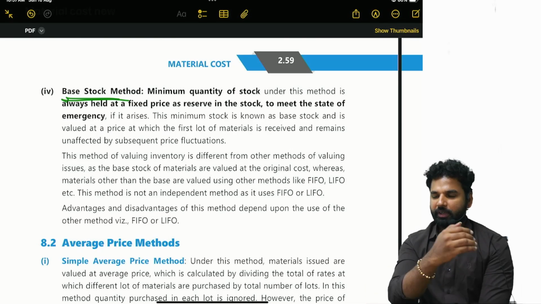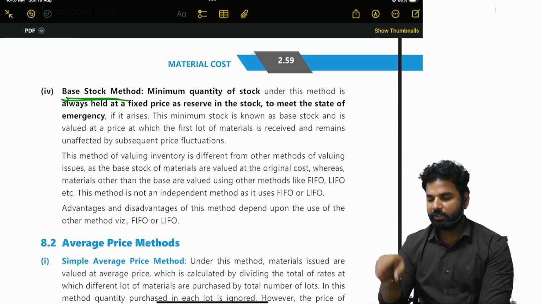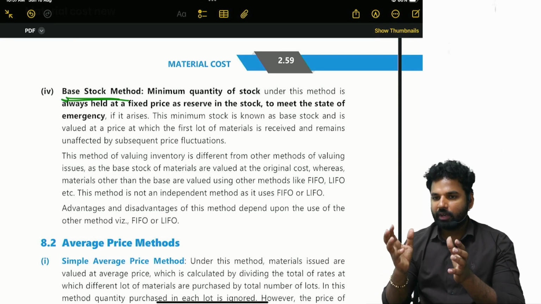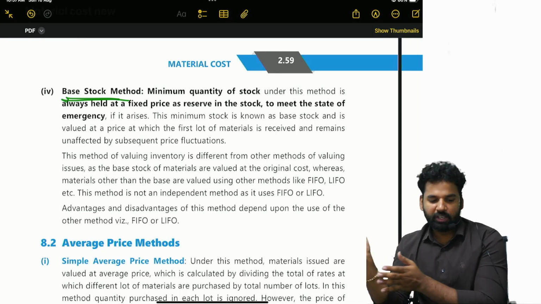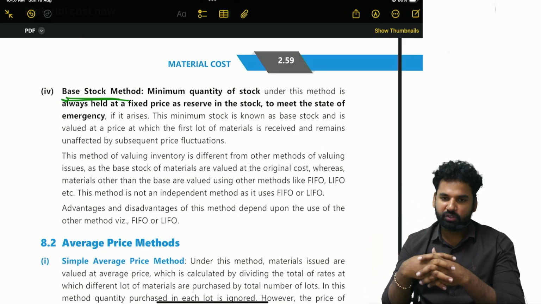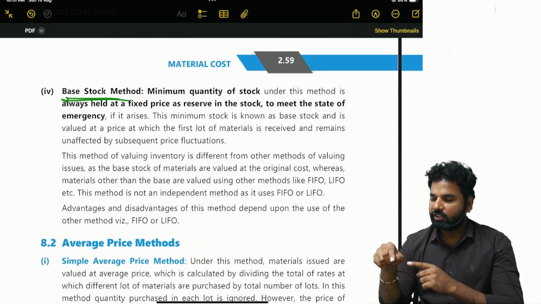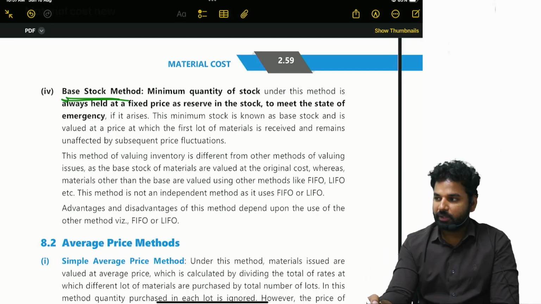But whatever material we are purchasing, that material will be consumed. So a quantity of the material will be kept separate and reserved. That is the minimum quantity of the stock which will be stored and the price of which will be fixed. So that is what is the base price method.